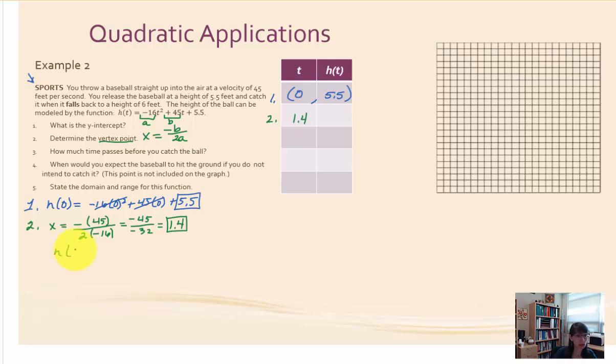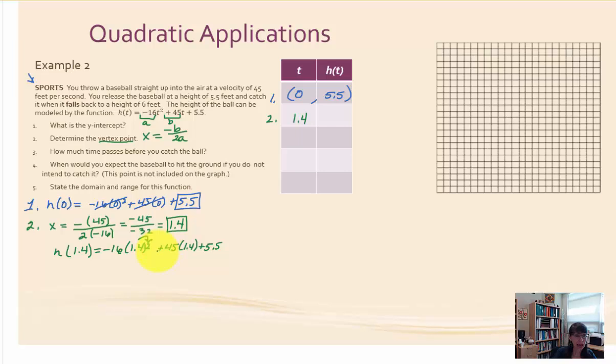So the height as a function of 1.4 seconds is now equal to negative 16 times the quantity of 1.4 squared plus 45 times 1.4 plus 5.5. Using our order of operations, we'll need to square 1.4 and then multiply by the negative 16. Once you have that total, multiply by negative 16.